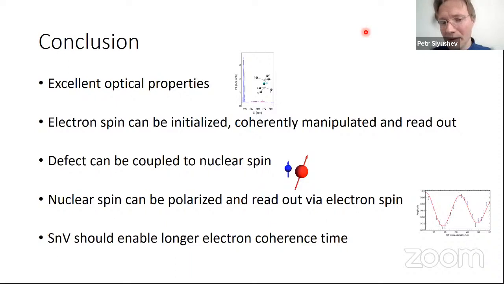Yes, there are always some ways to properly engineer your system. And for example, if we talk about some spin noise or whatever, you can always utilize some specific tools like dynamical decoupling to minimize this noise and so on.